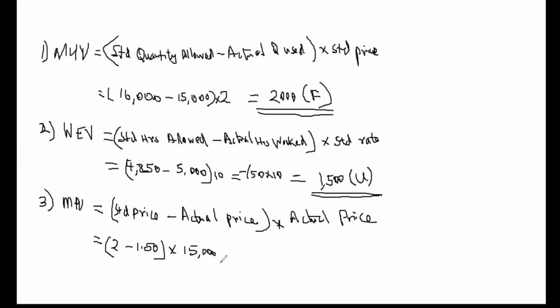So 2 minus 1.5 is 0.5 times 15,000 is 7,500.